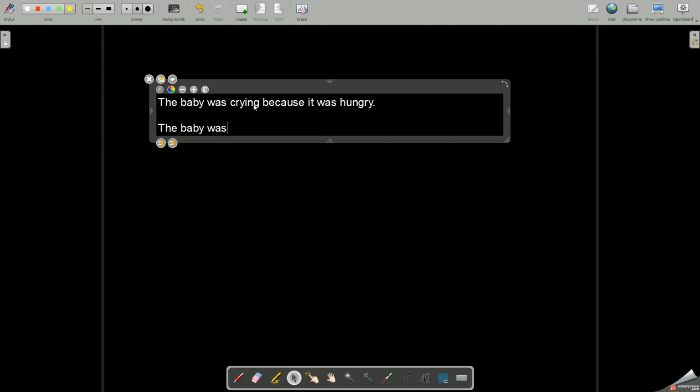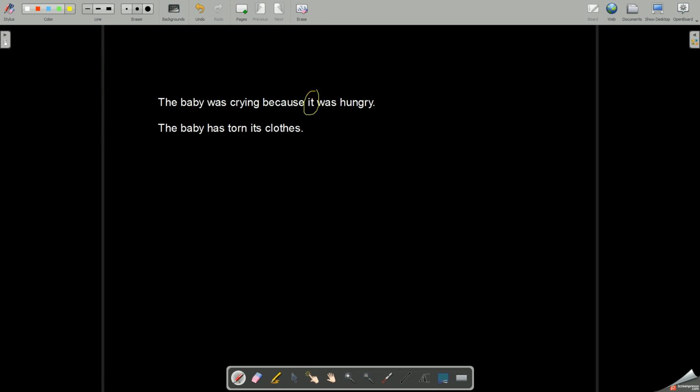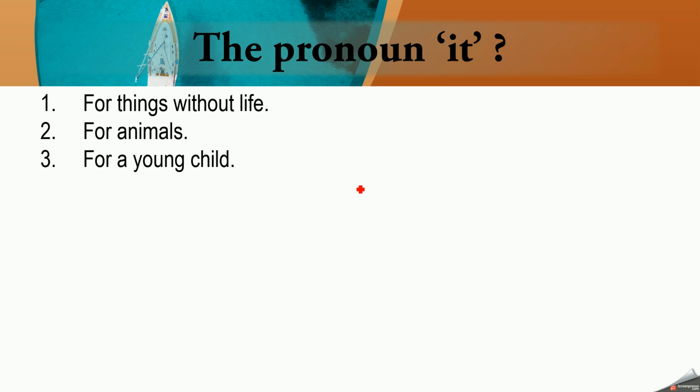The baby has torn its clothes. So here also you can see, because it was hungry, torn its clothes. So baby is usually a very small, you can consider baby to be a very small creature, very young child. So gender usually doesn't matter for the baby.